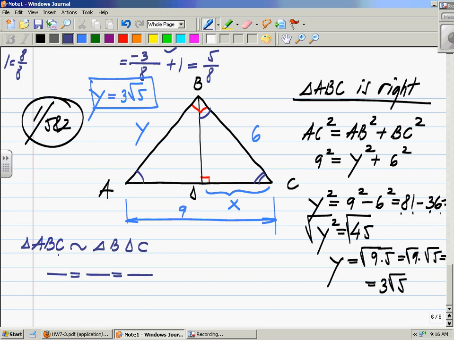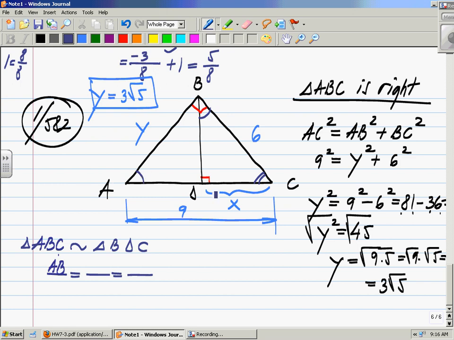Who wants to try? Let's try with AB. AB over what in the second one? Well, AB is opposing the 90-degree angle... hold on, no. AB opposes angle C in the big triangle. I was looking at the small triangle.